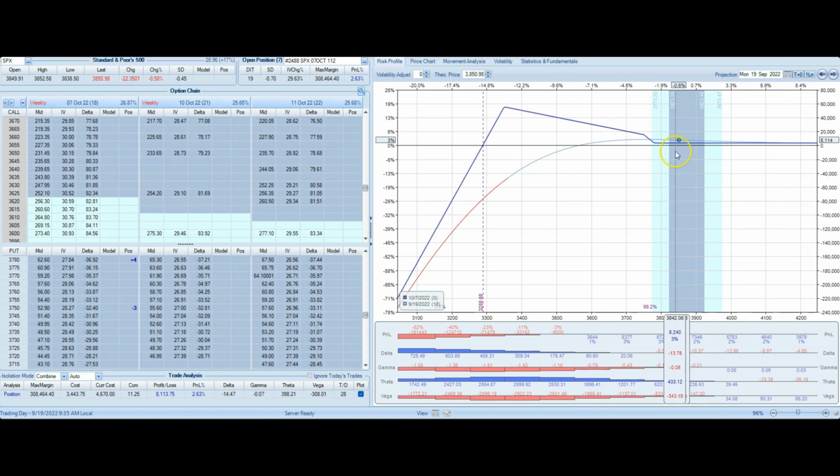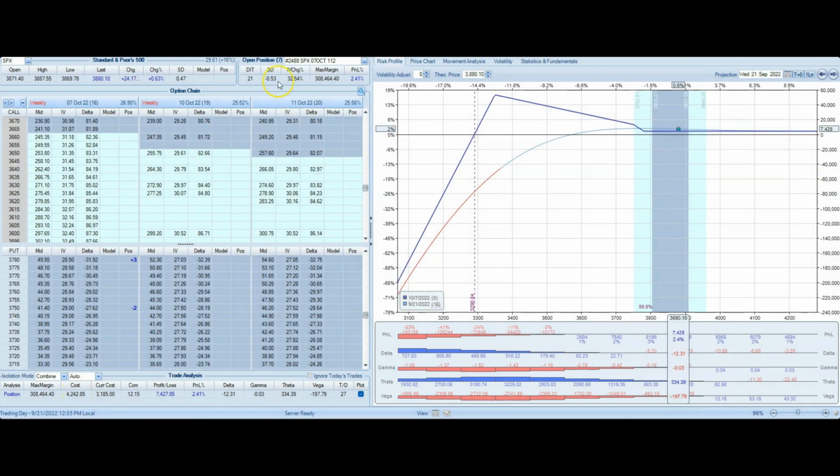So now this increased the credit that I had collected here to about $3,450 or so, which means that if SPX expires above my long put at 37.80, I'm going to get to keep the $3,440. So now we go forward a couple more days.